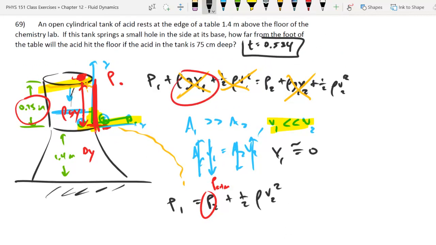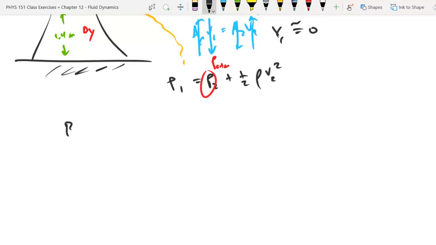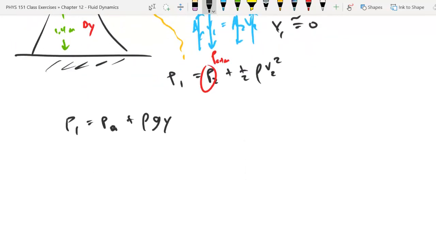So pressure 1 is equal to P atmospheric plus rho g y1, same as P2.